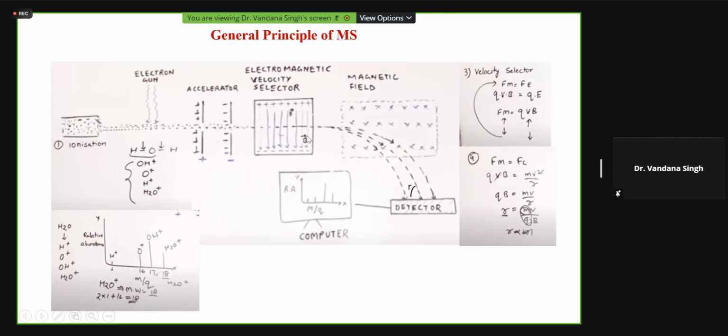So generally this fragmentation pattern, we have taken a very simple example. This fragmentation pattern is peculiar to a particular molecule or analyte, and it's actually a signature of that molecule. So water will have this kind of fragmentation pattern. Similarly other molecules, maybe some amino acid or something like that, also have a signature fragmentation pattern.